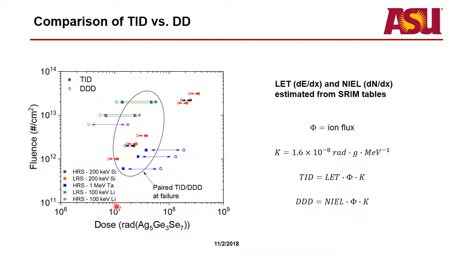For TID, there is some spread, but it's within the same magnitude, minus these outliers out here. These are those weird transitions with the silicon that I mentioned before. Whereas the displacement damage doses span over 2 magnitudes of values, so their distributions are a lot more spread out than the TID. So far at this point in testing, it looks like the failures and retention states are more due to TID effects than displacement damage effects.